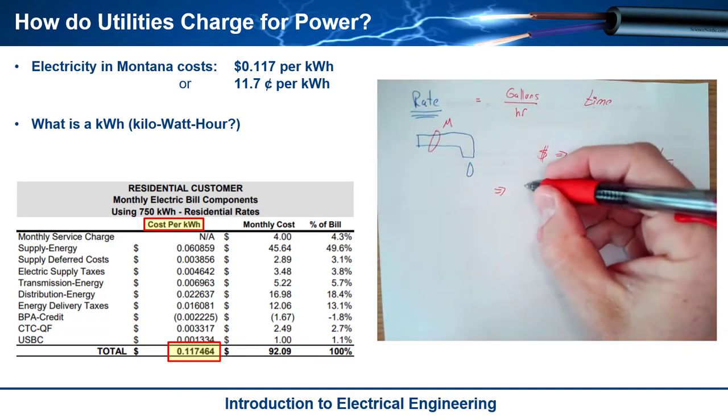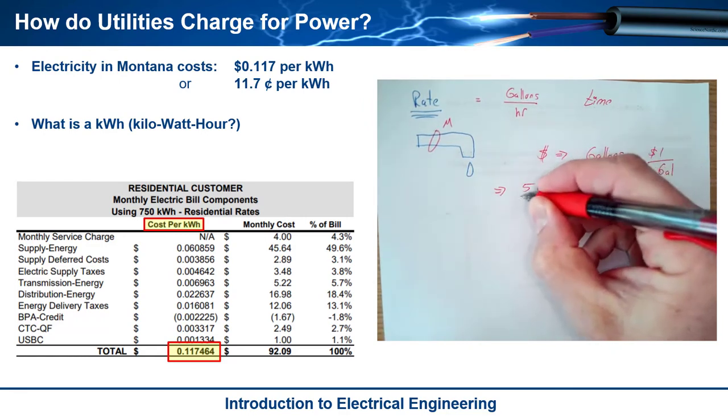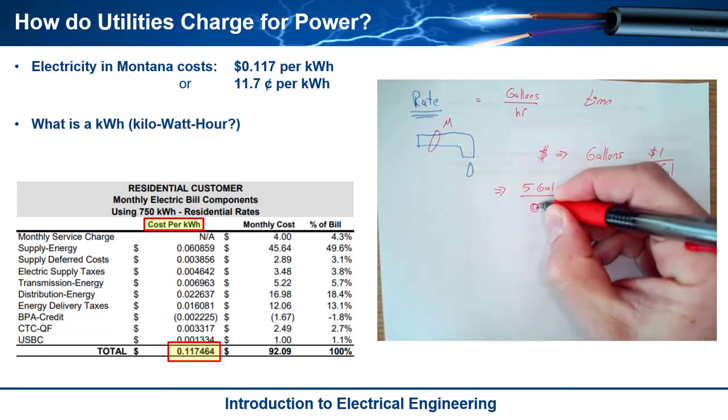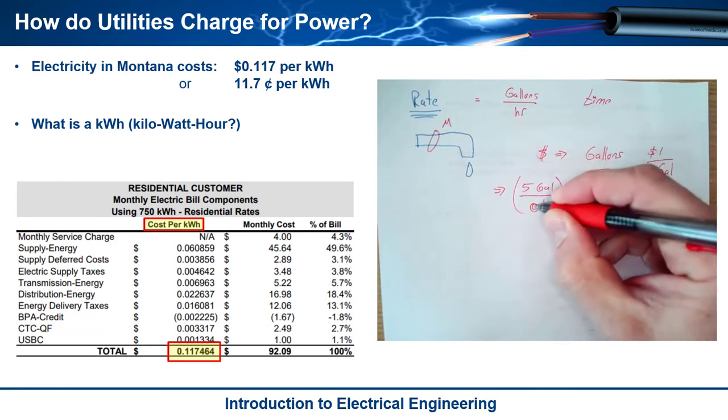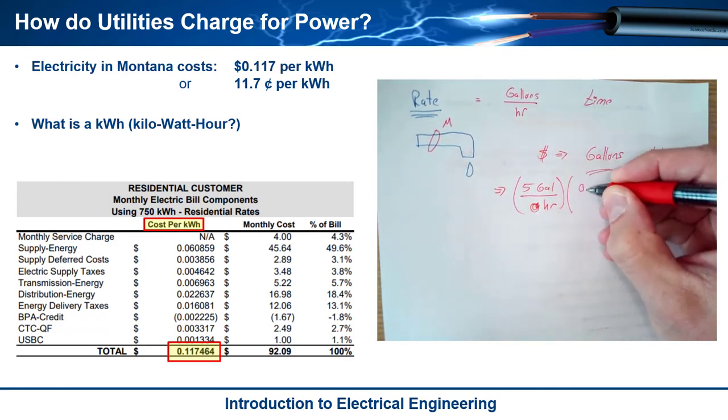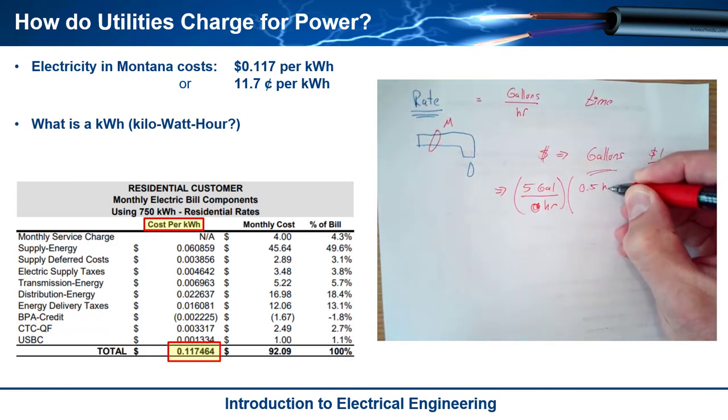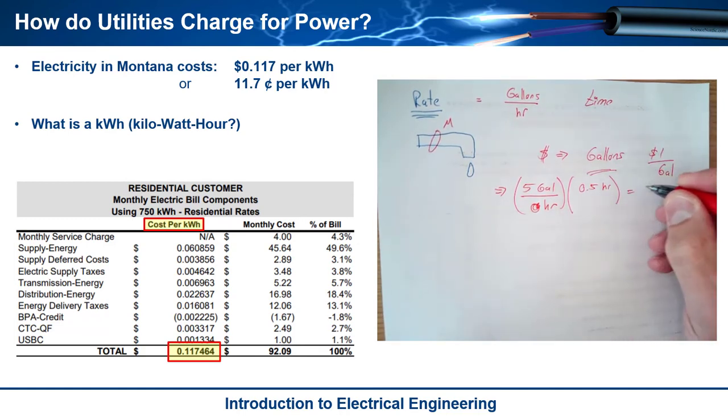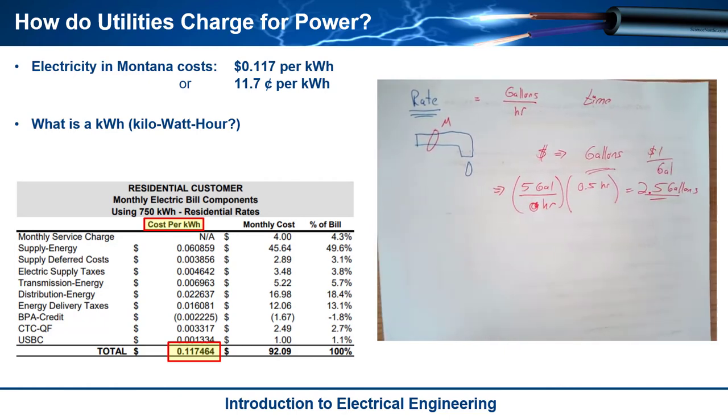But if I pulled 5 gallons per hour, that's my rate coming out of my meter, but I pulled that for a half an hour, then you could say, well, you consumed 2.5 gallons of water, and that's what you're charged for. So then I'd pay $2.50.